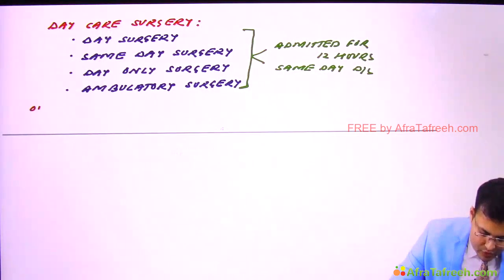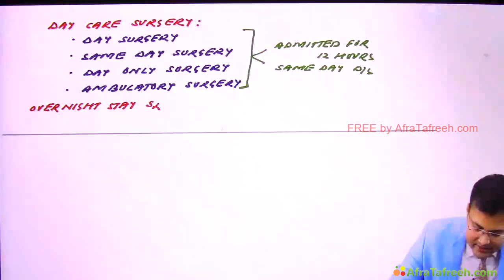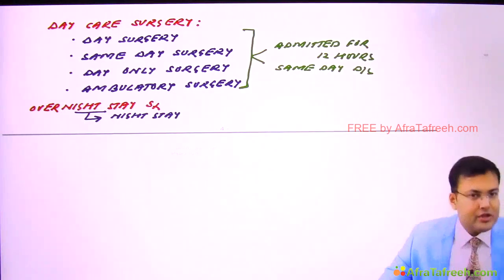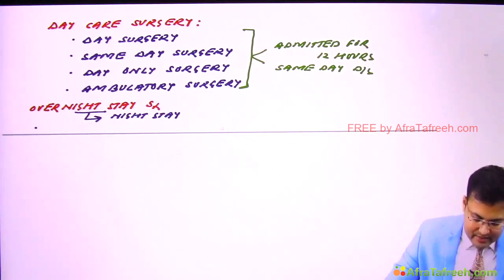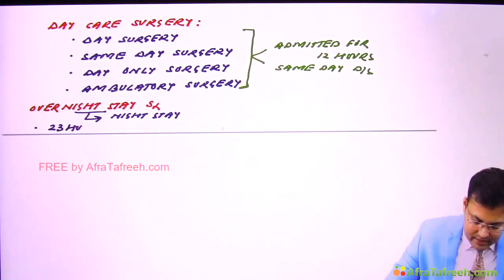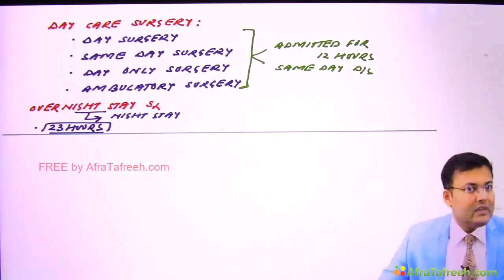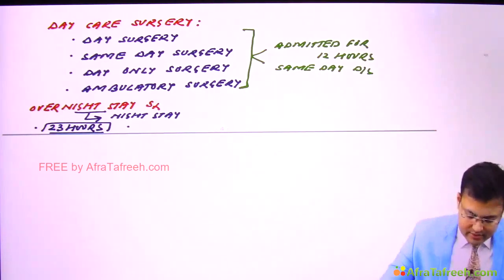First, overnight stay surgery. So here the term is self-explanatory that there is night stay. So what's the duration of admission? The patient is admitted for 23 hours and there is early morning discharge.